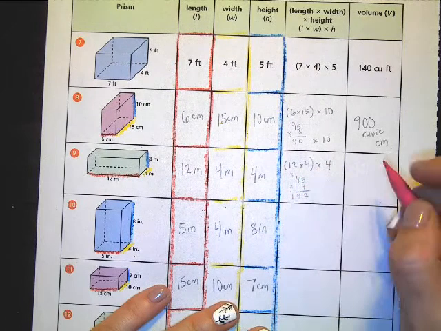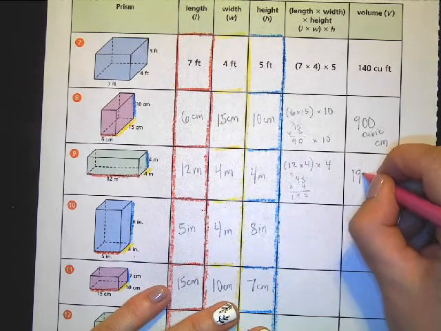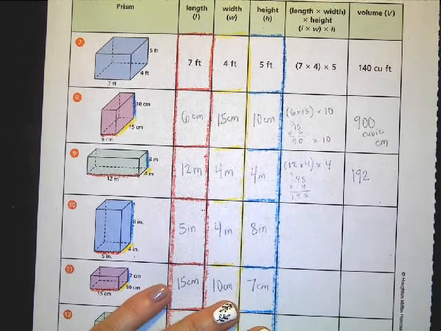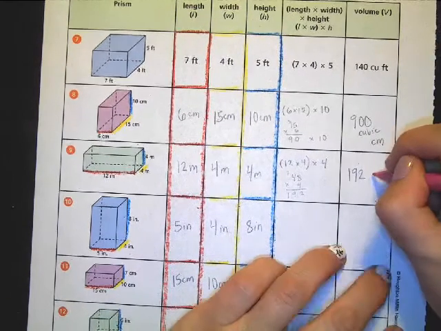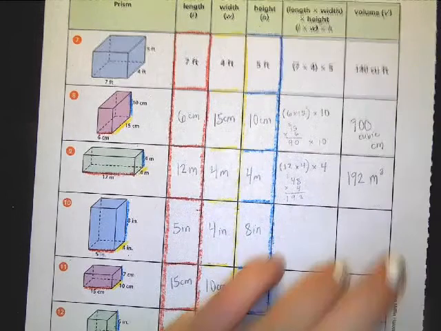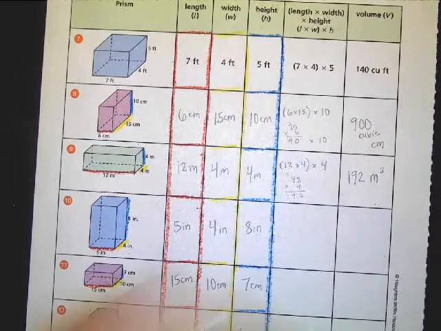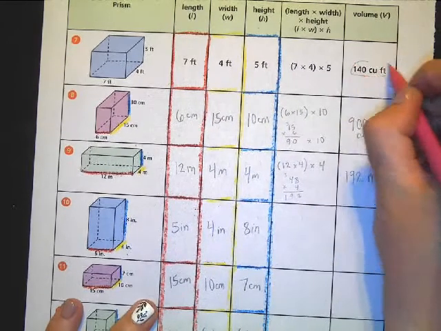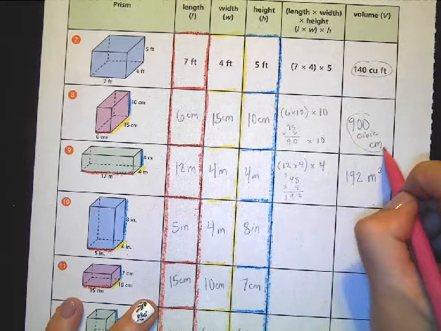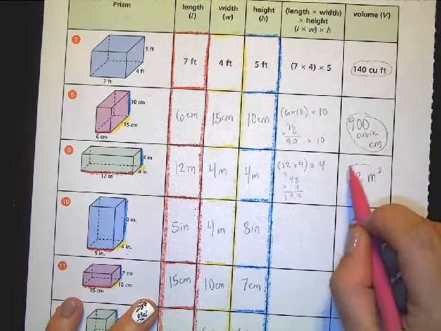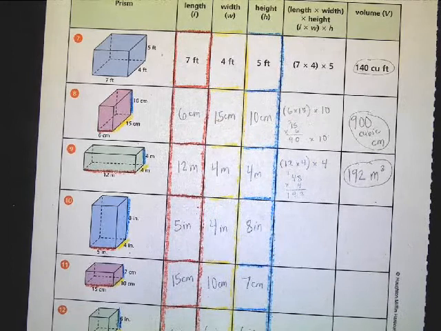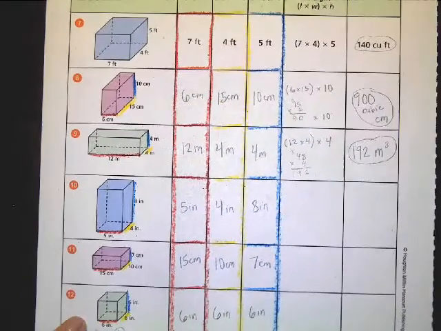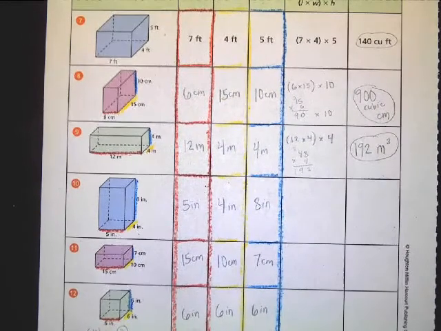And 48 times 4, so 192. And this time we're going to do the little baby 3s, just so we get used to writing volume in all sorts of different ways. You can abbreviate cubic, you can write out cubic, or you can use the little baby 3. Lots of different ways to do this.